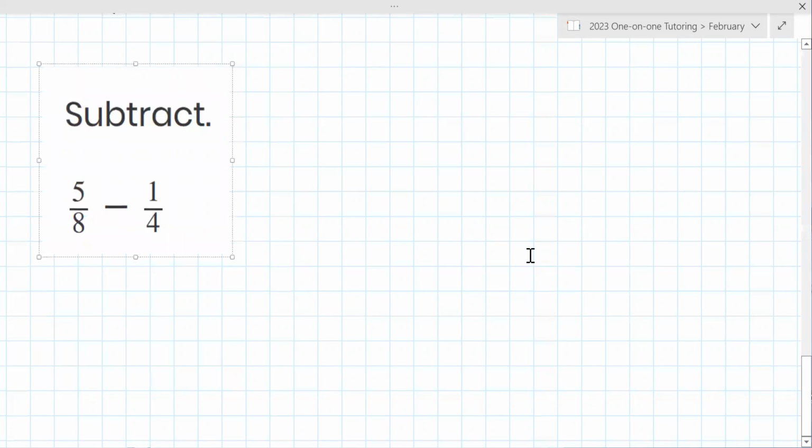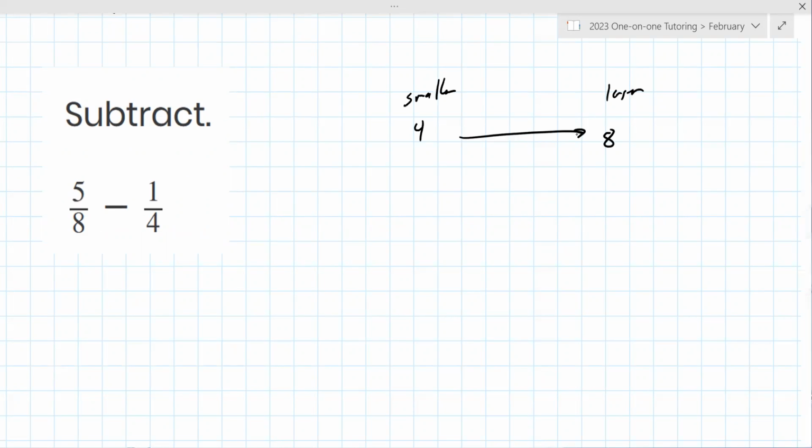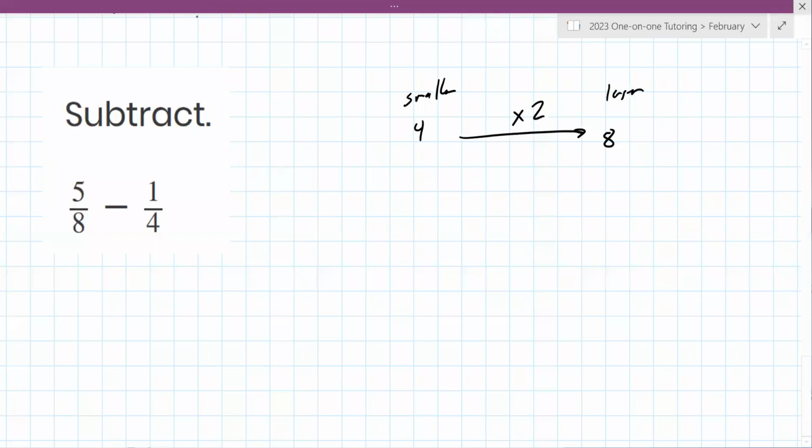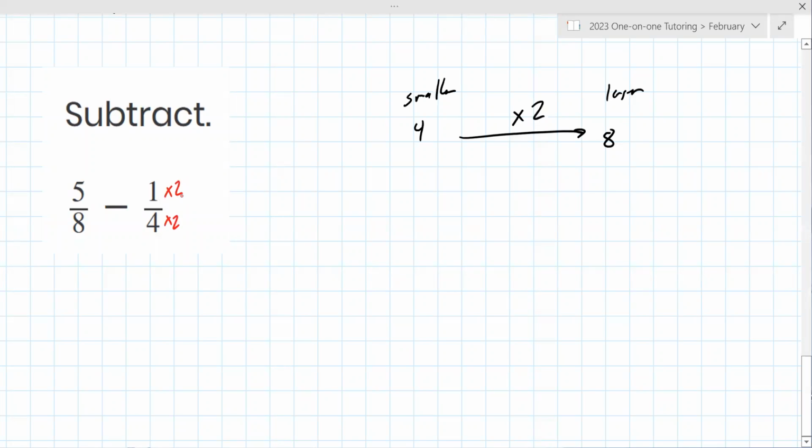What you ask yourself is, can you turn the smaller number into the larger? Can you turn a 4 into an 8 by multiplying? Yes, you're going to multiply by 2. So you take the 4 and multiply it by 2, and the 1 by 2 as well. See if you can work it out from here, please.